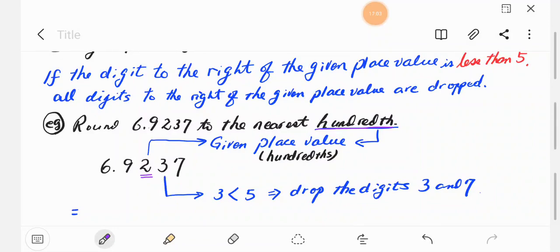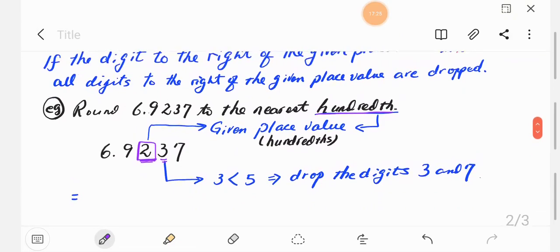So when you are asked to round the number to the nearest hundredth, think about this hundredth value: should I increase this number by 1? And that decision comes from what? The next digit. Can you see it? So I will write it something like this.